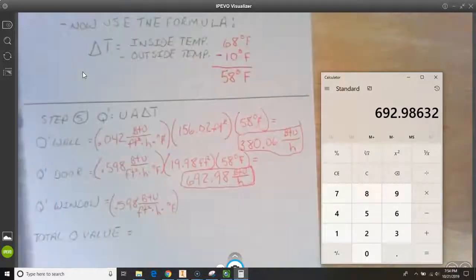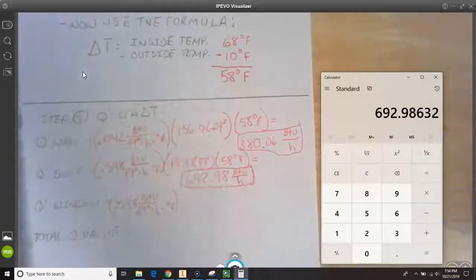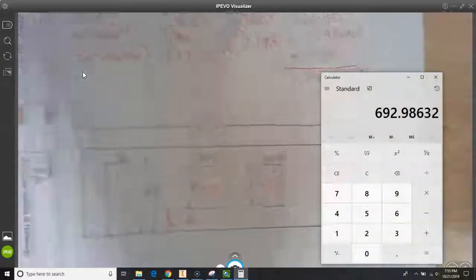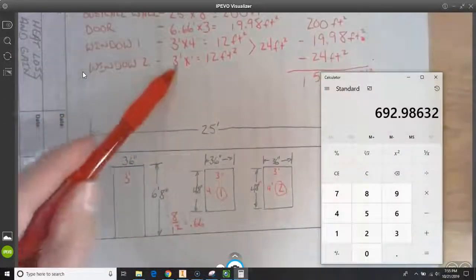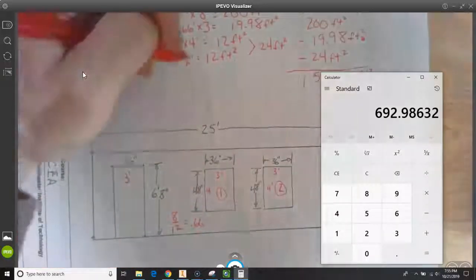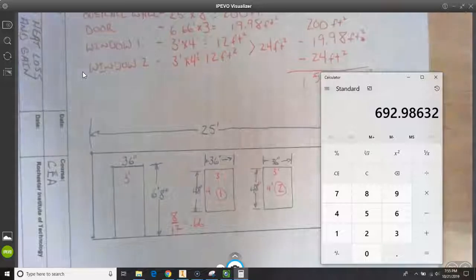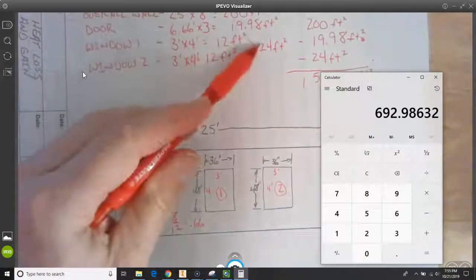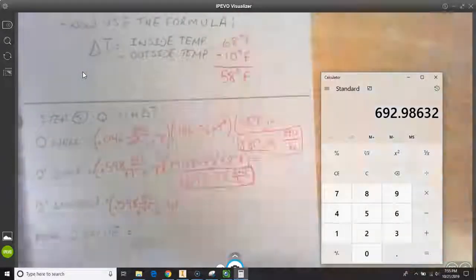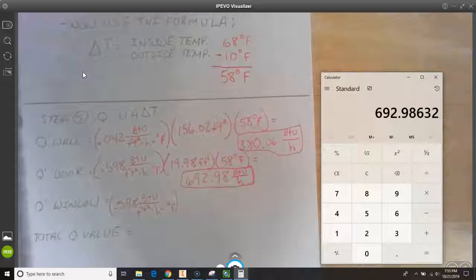Okay, and then what we need to do is know the area of the windows, and the area of our windows is 3 foot times 4 foot, so that's 12, but there's 2 of them, so we're going to take 24 feet squared as our value for that.